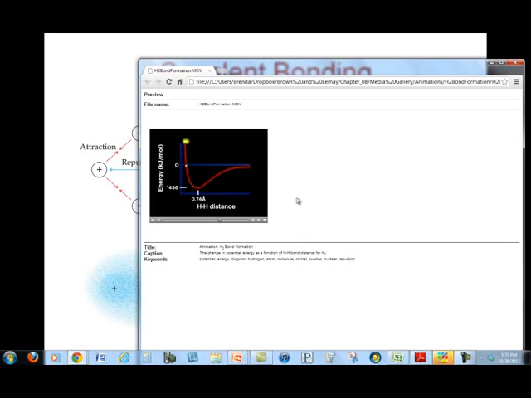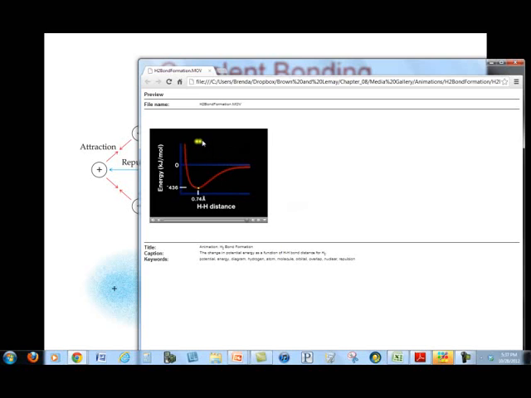The minimum energy structure, in which the nuclei are separated by 0.74 angstroms, corresponds to the best compromise between nuclear repulsions and the attractive interactions between the electrons and the two nuclei.